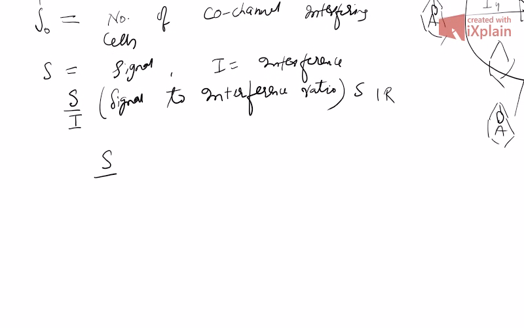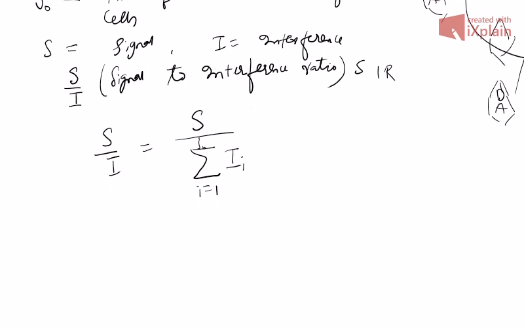So S by I can then be written as S, the signal which is received by a mobile, divided by summation i is equal to 1 to I0, Ii. Okay, notation is a little bit bad. I don't prefer to use I0 to denote a number anyway. So Ii means the interference from the ith co-channel.